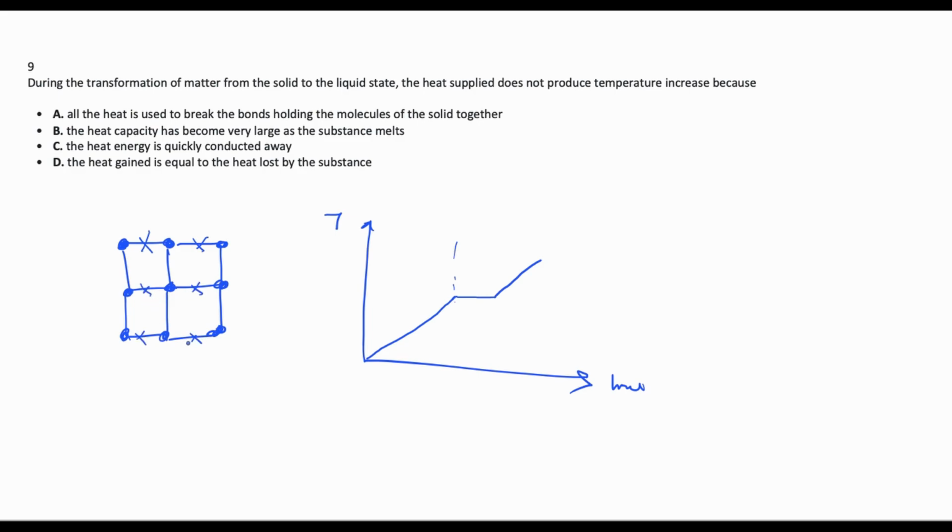So as opposed to increasing the temperature of the body itself, the heat that you're applying is used to break down these bonds. And our answer that corresponds to that is A. A says all the heat is used to break the bonds holding the molecules of the solid together, which is exactly what happens.